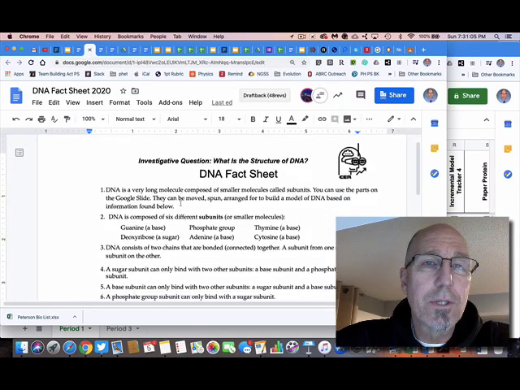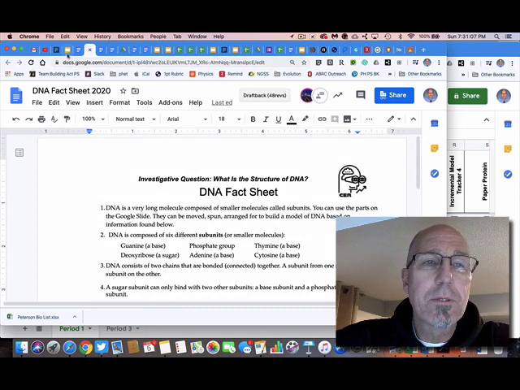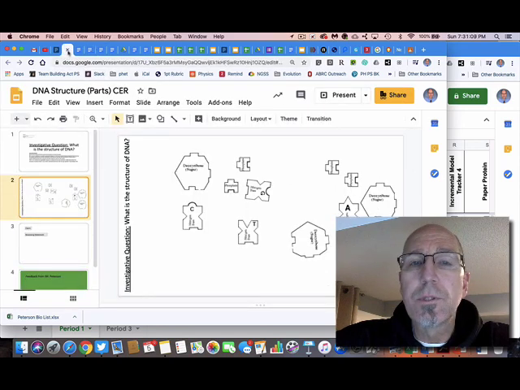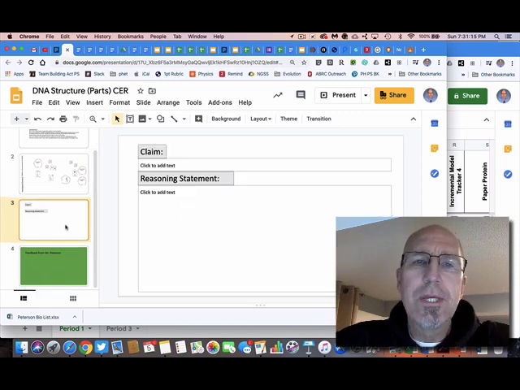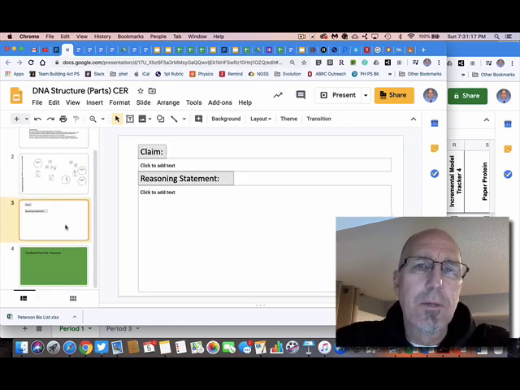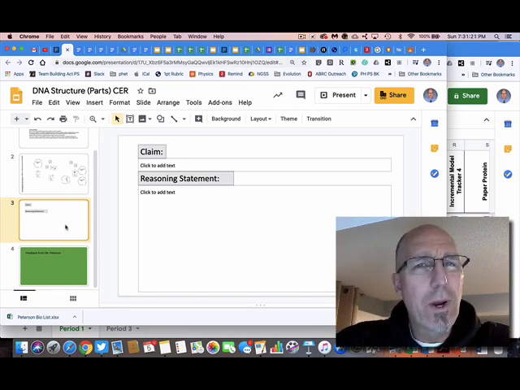Try to put these parts of the subunit together and make sense of it. Then over on the reasoning: how did you do it? How did you know what went where? That's what I want to see, that you're thinking about that. That's really important for this activity.